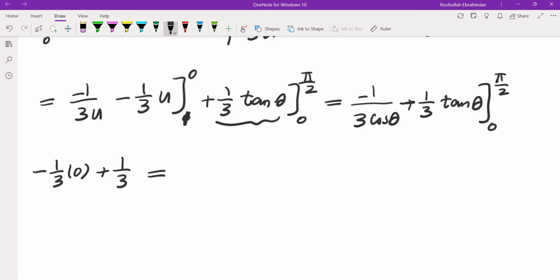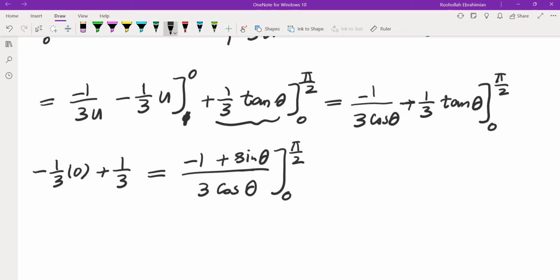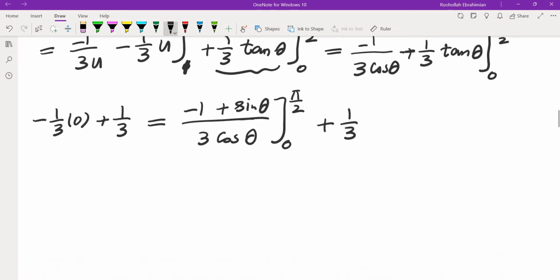So let's see what we get for the first one. It is negative 1 plus, if you write tangent as sine over cosine, sine of theta over 3 cosine of theta, from 0 to pi over 2, plus 1/3. Now at 0, we are easily able to evaluate that.